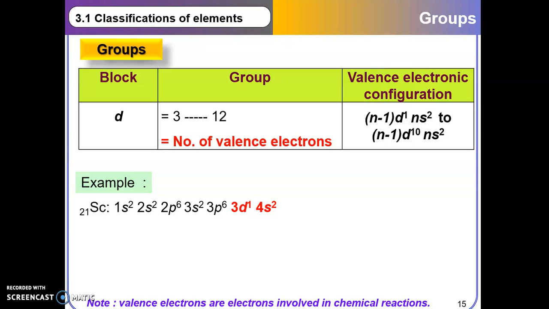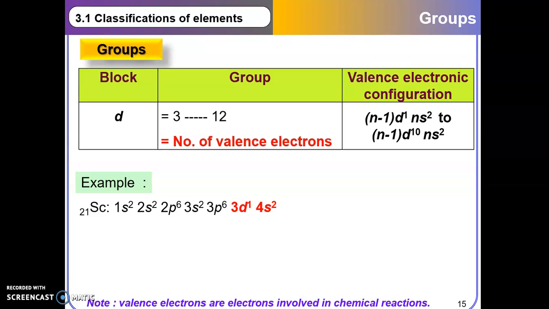Based on the electronic configuration, 3d orbital has the higher energy compared to 4s, according to the Aufbau principle. Since 3d orbital has the highest energy, we can say scandium is in D block. This is step 1.